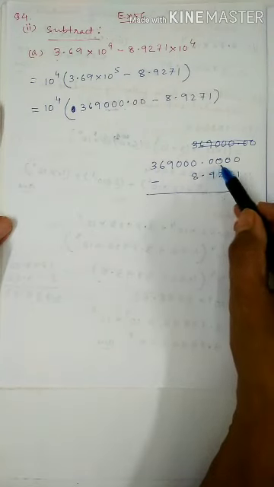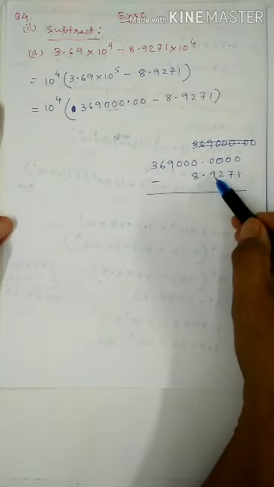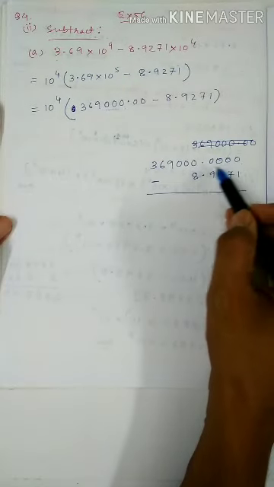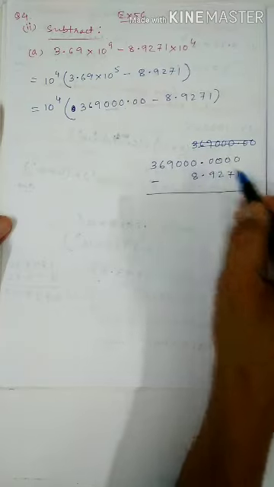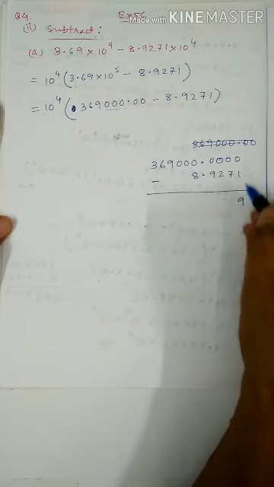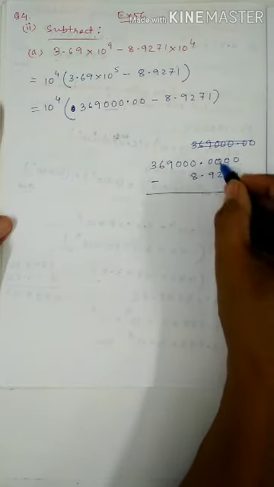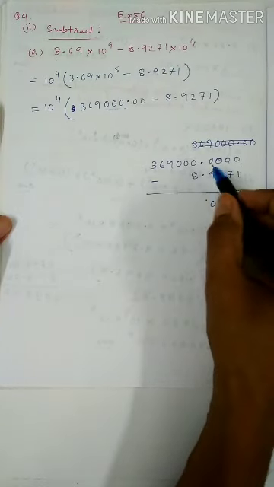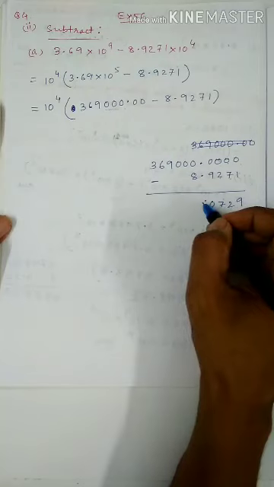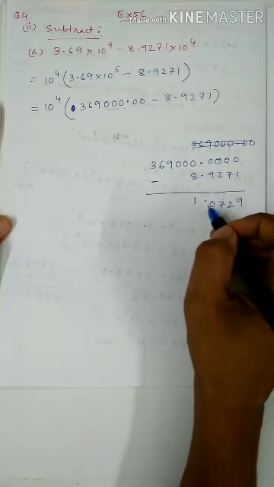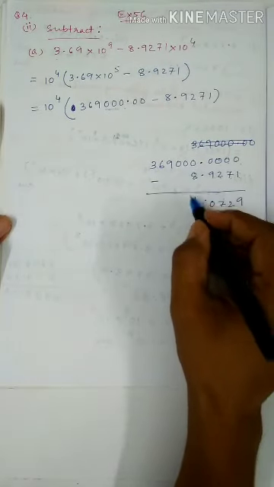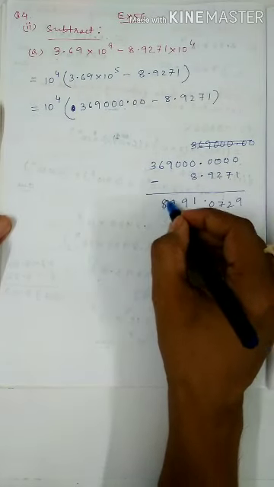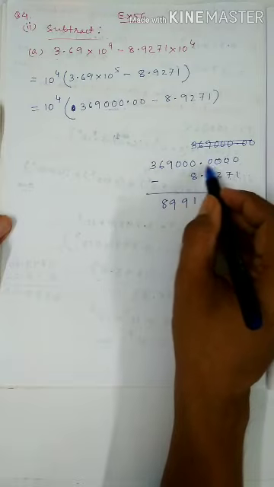So here you see 4 decimal places are there, so it should also have 4 decimal places. So I have given 4 zeros after the decimal. So now 10 minus 1, 9. 9 minus 7, 2. 9 minus 2, 7. 9 minus 9, 0. Then 9 minus 8, 1. Okay, then 9, and here also 9, and here it becomes 8 because from here 1 was carried.